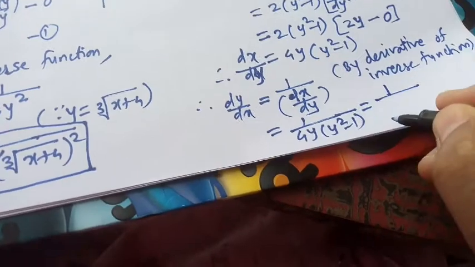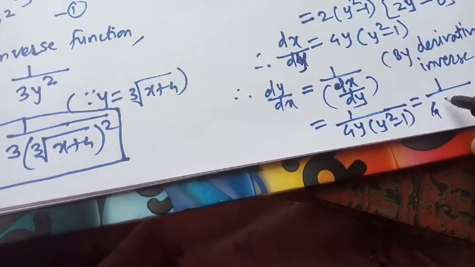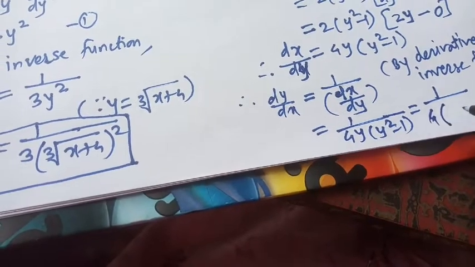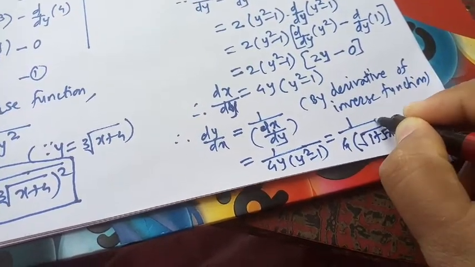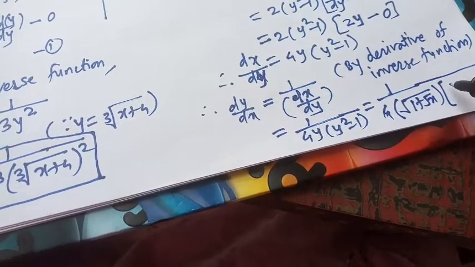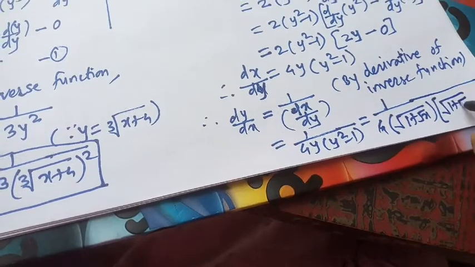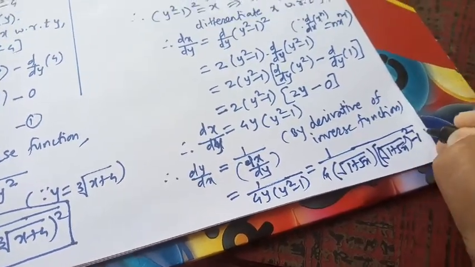Therefore 1 upon 4, y means here root 1 plus root x in bracket, (root 1 plus root x) square minus 1.